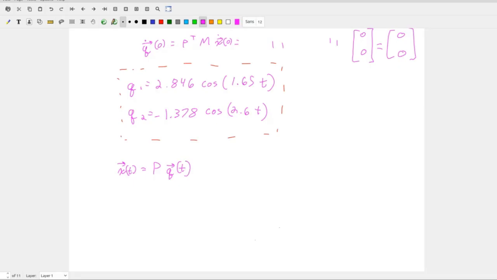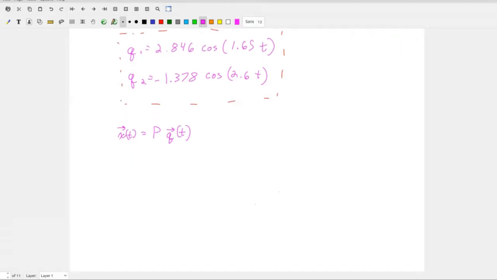Do we have the q vector of t? Right? That's these two, just put into a vector. So q1 on top, q2 on bottom. Okay, and I'll write this out. So that gets us x vector of t is equal to 0.28, negative 1.37, 0.43, 0.9.